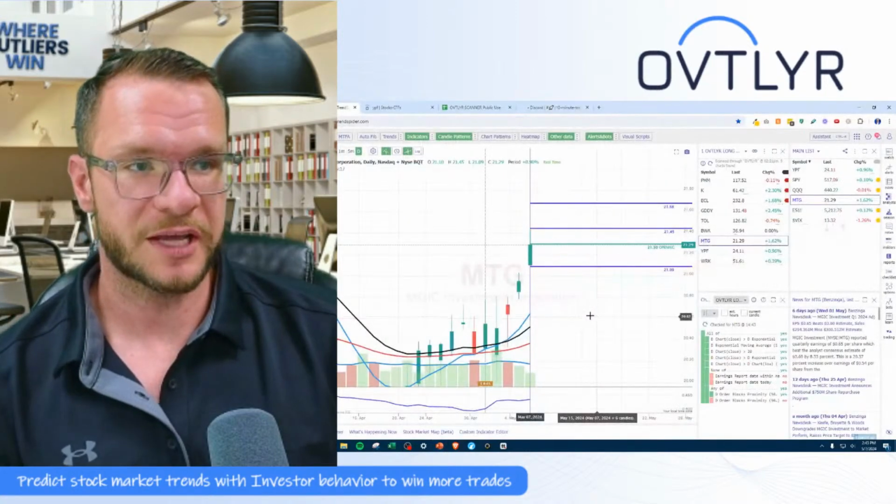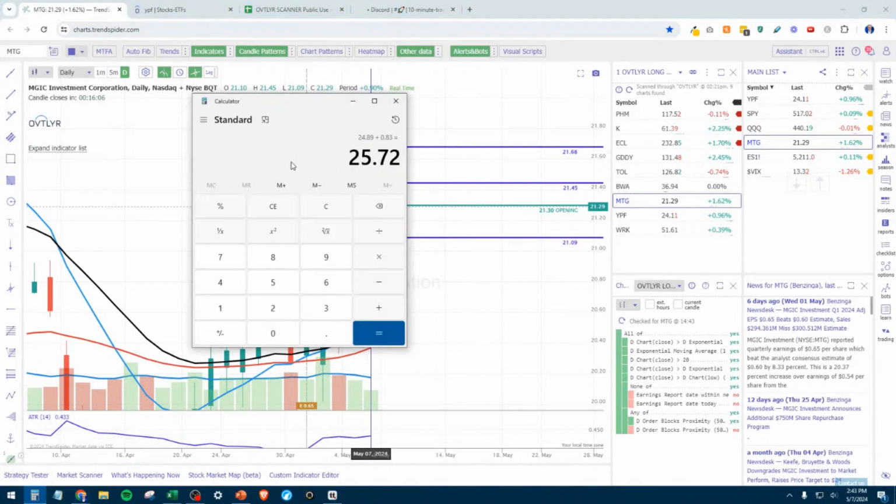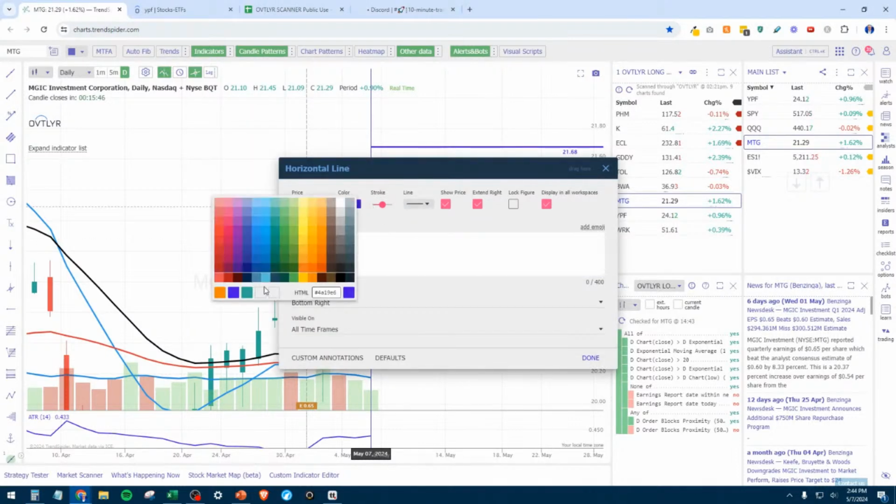You set your plan up ahead of time so that when you reach that point, you actually act. 43 cents is the ATR. 43 cents divided by 2 is 21.5, let's call it 22 cents. 21.30 minus 0.22 is 21.08, the half ATR exit point.